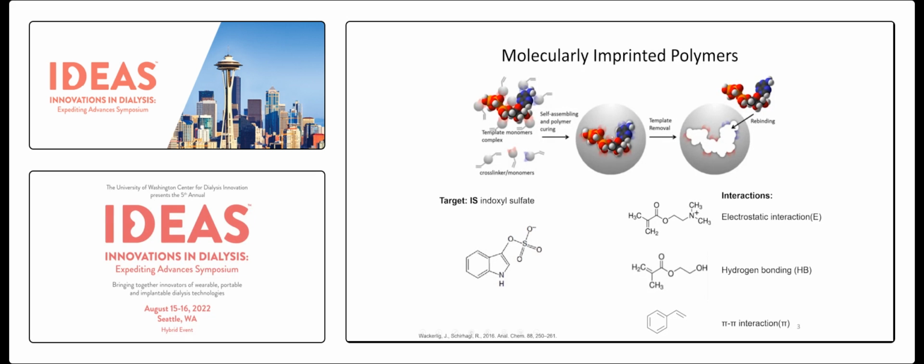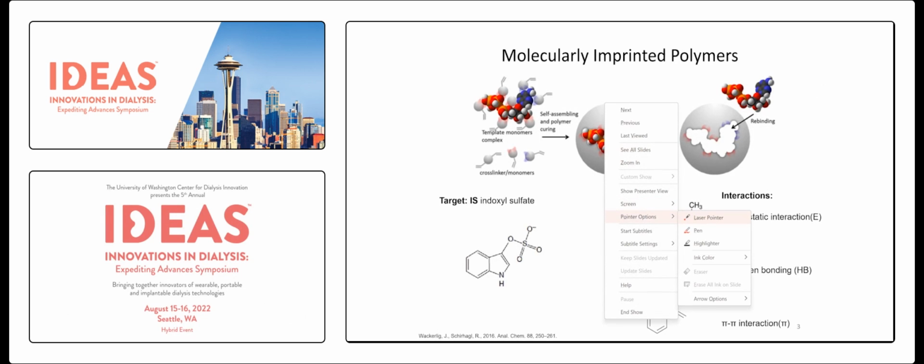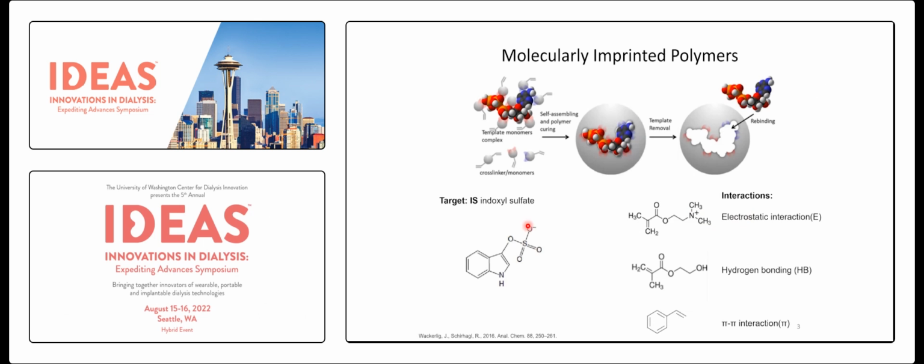Therefore, in order to mimic the binding between the antibody and the target molecule, we have to design monomers that have specific interactions towards the target molecule, which in our case is indoxyl sulfate. Indoxyl sulfate has a negative charge, which can form electrostatic interaction.